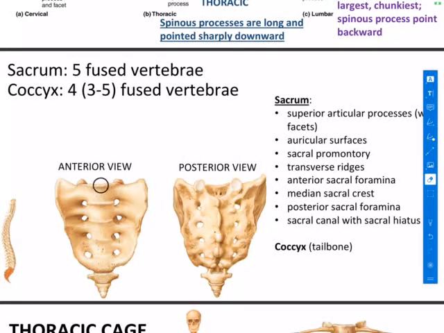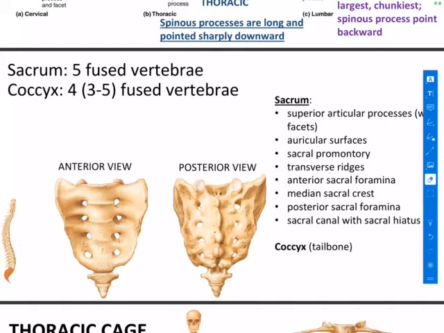The transverse ridges are these horizontal ridges that run right to left between these holes. Those are the transverse ridges, which is shown here.